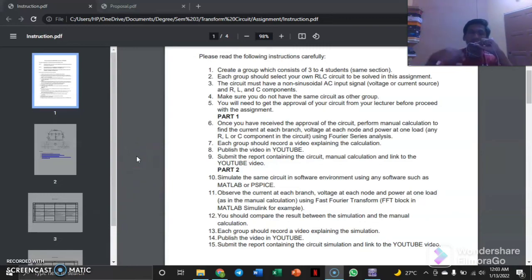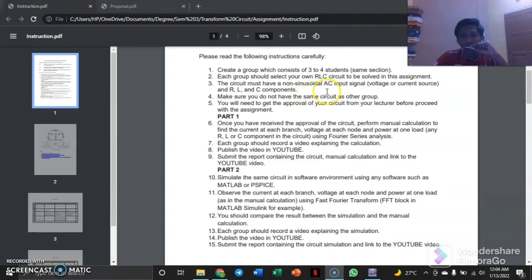So I will construct the presentation about the simulation. First, by referring to the instruction of the assignment, what we need to do is create a circuit that has the non-sinusoidal AC input signal as a source and the related components such as resistor, inductor and the capacitor.